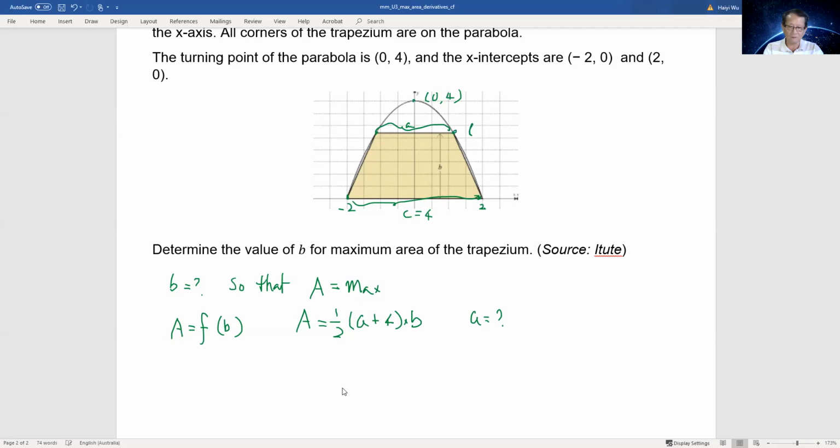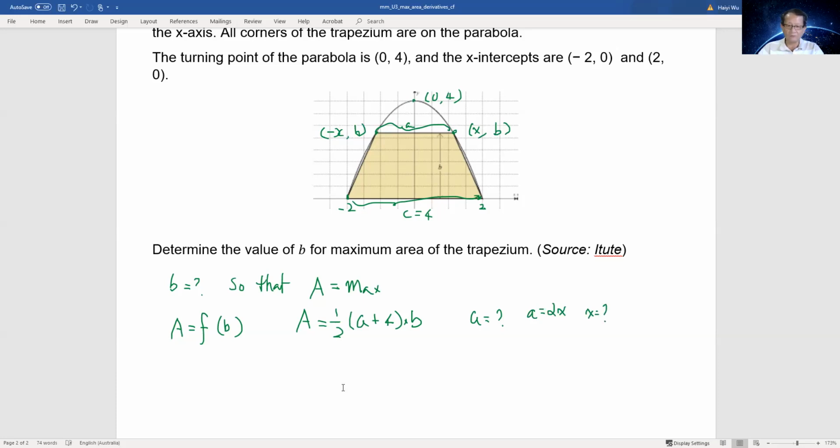If we can find the X coordinate, then Y is the height of the trapezium, which is B. So if we find X, this corner will be negative X and B. The total length A will be double X, because it's X plus X in absolute value. So ultimately we need to find out what X is.